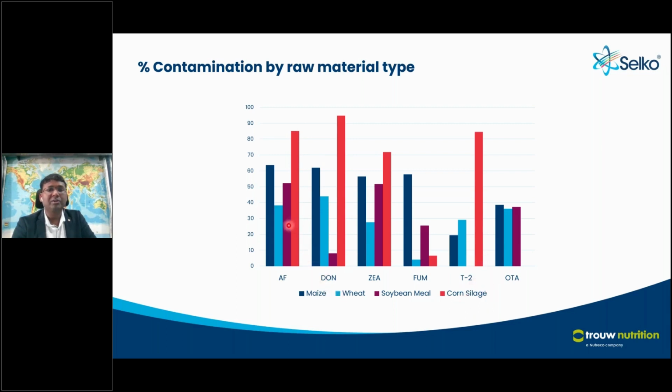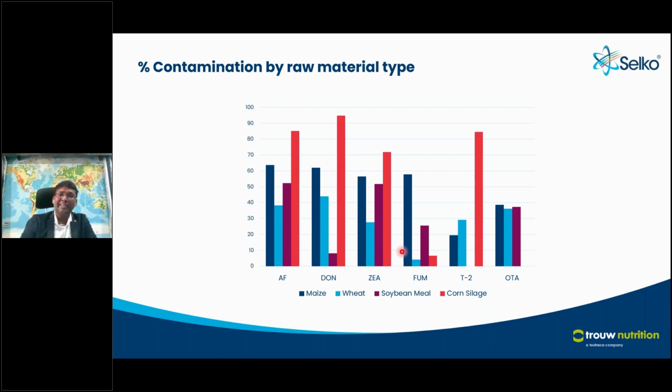And you see maize also quite high as compared to wheat, and that is very well known. Wheat is also susceptible, but compared to corn, wheat is less susceptible. And then if you look at soybean, it is the least, except for aflatoxins, where we do see sometimes higher levels.